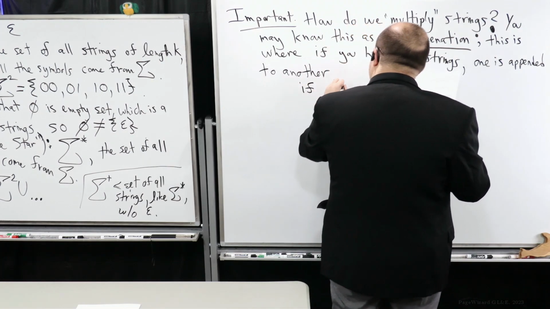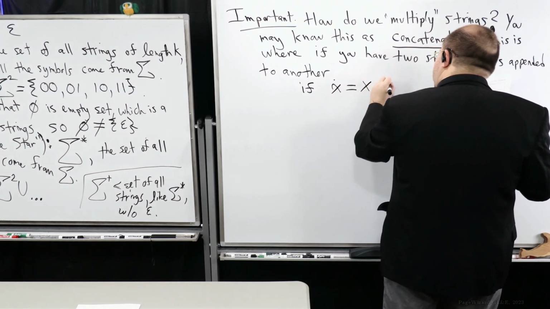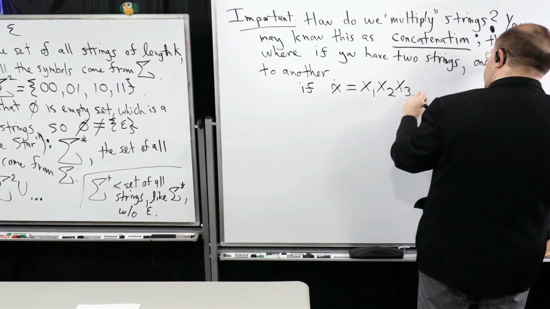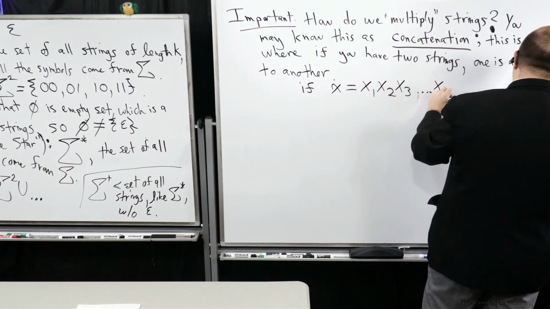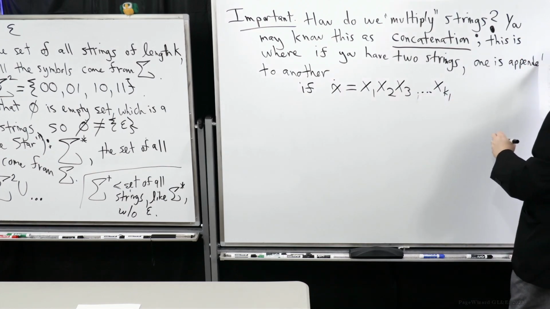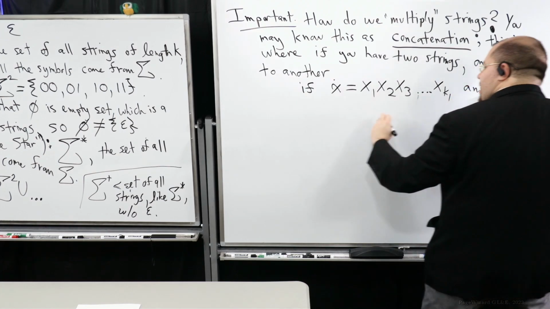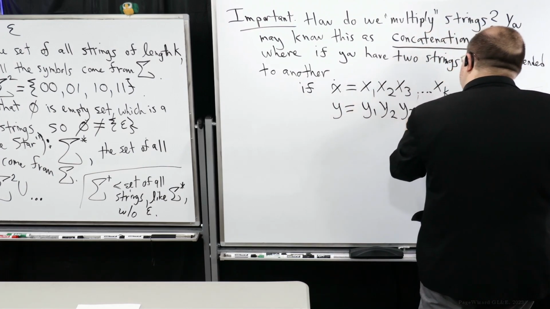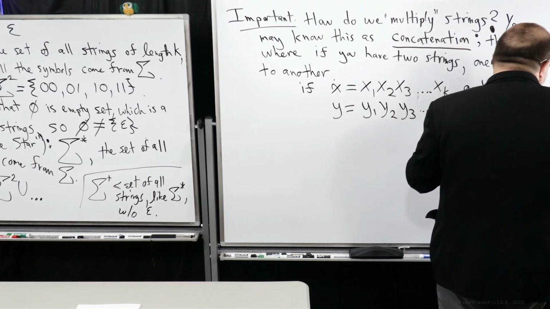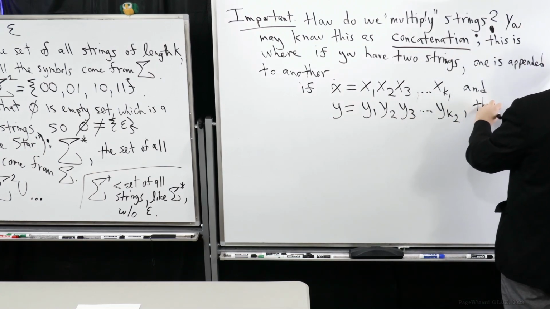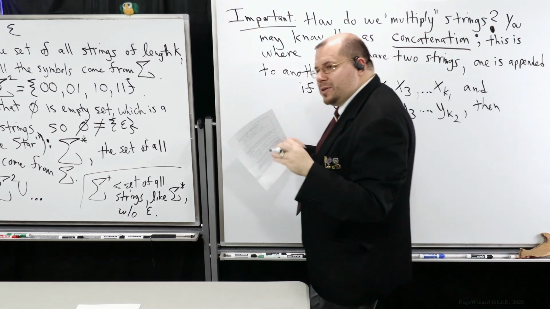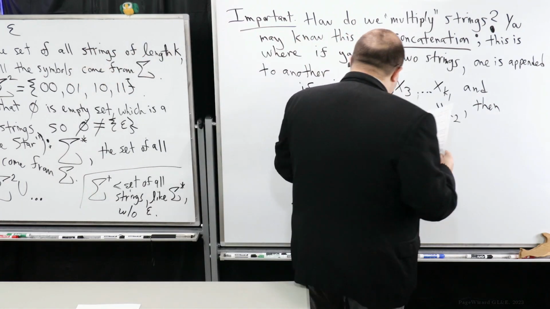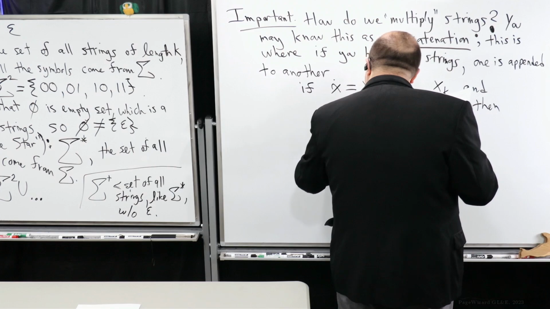If I give you two strings, x, which is x1, x2, x3, and so on, and the last symbol is x sub k1, and y is equal to y1, y2, y3, all the way up to y sub k2, then to concatenate x and y together, which sometimes people will write with a dot, just to be clear, you can write xy.